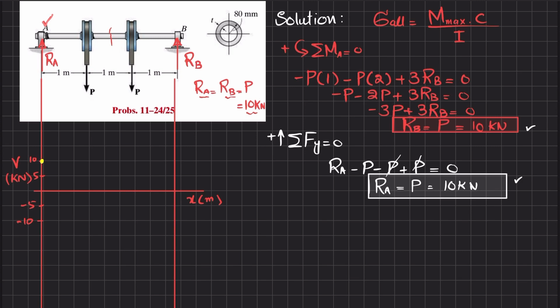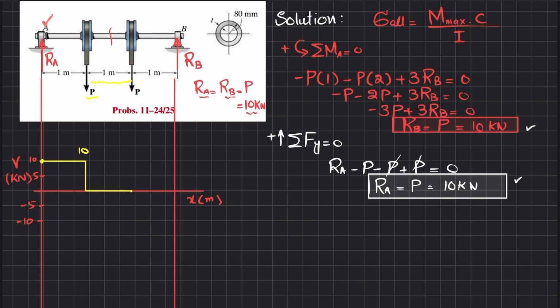Now moving from point A till this load, there is no other force, so it will remain the same till this point, 10. Now here you have minus P, which is minus 10, so the shear force plus 10 minus 10 will bring it to 0. Moving from this P till the next P, there is no other force, so there will be no shear force till this point.